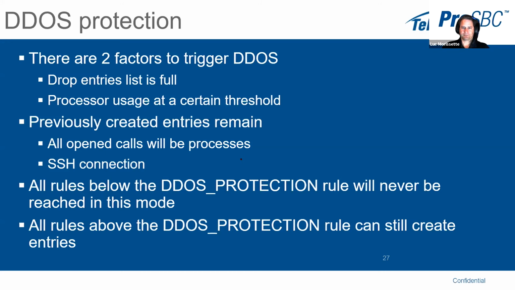The second thing that can happen is that the processor usage is too busy. But in our systems, the way we design them and configure them, if you're using the dedicated mode of network interfaces, you will never reach the processor usage maximum. So we just need to make sure it's configured correctly, and this will not happen.